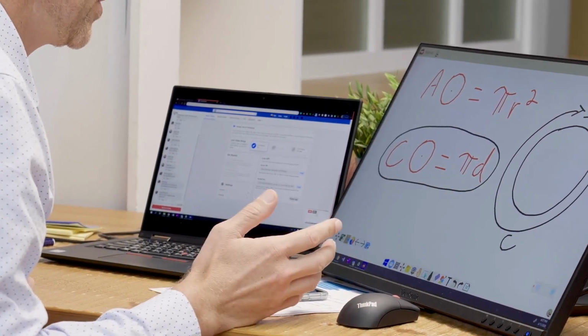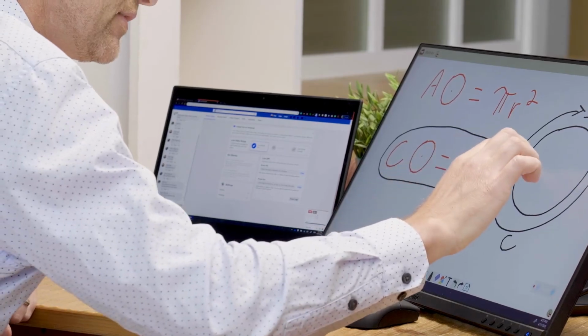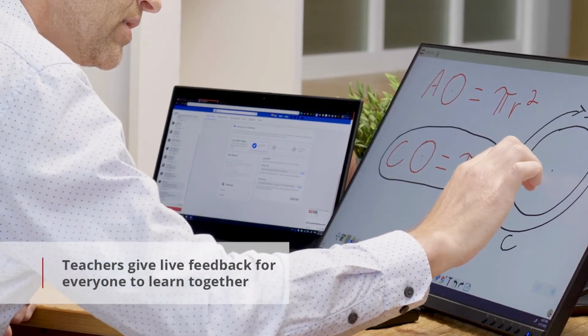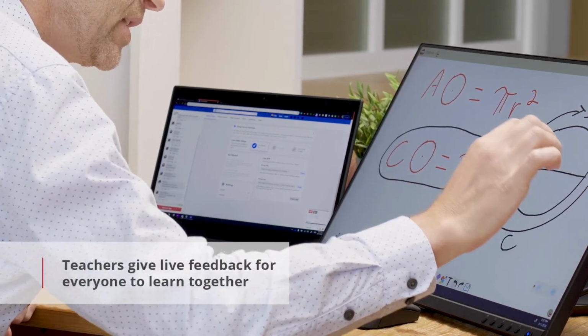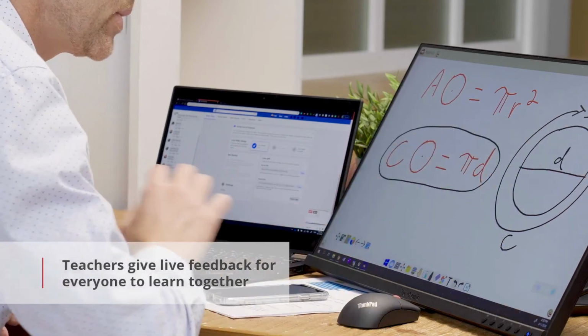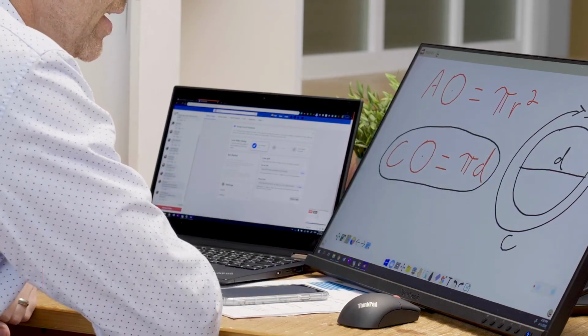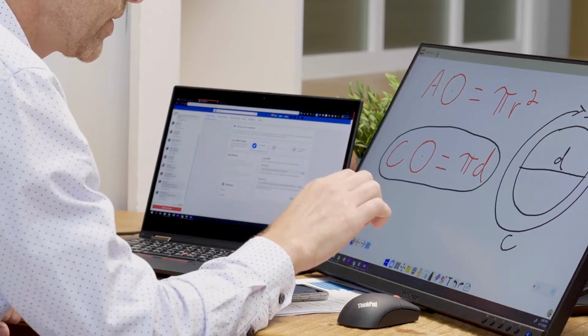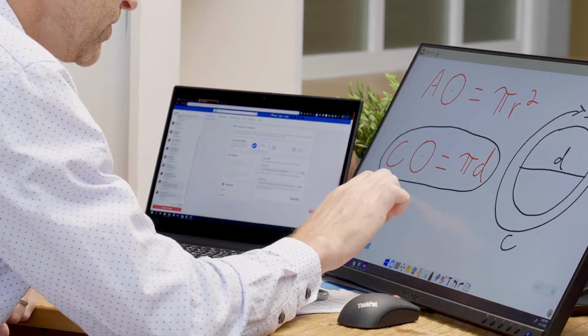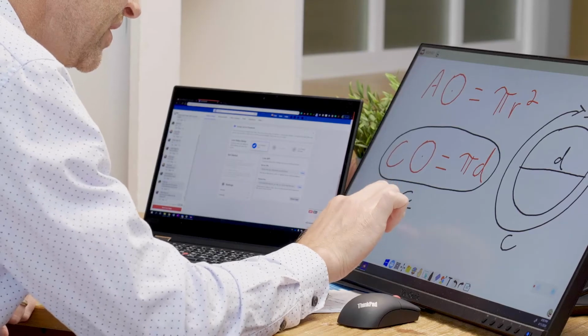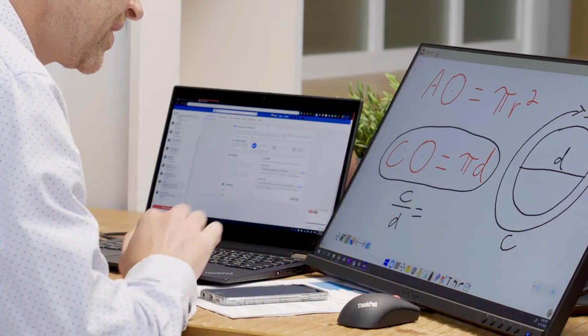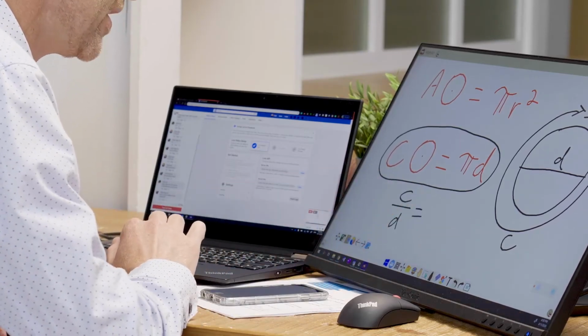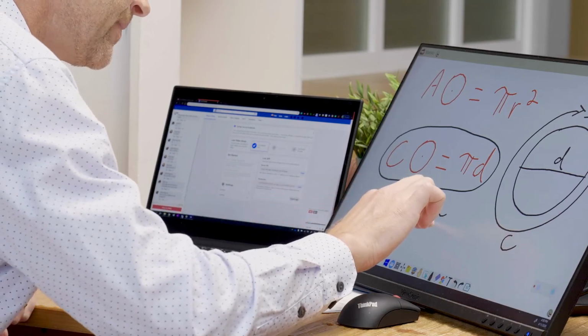But that doesn't give us pi or D, right? If I take that measurement and this measurement, which is the diameter, and do C divided by D, guess what I always get? This is true of all circles, which is pretty cool, and this is where we get pi from. Circumference divided by diameter every single time is pi.